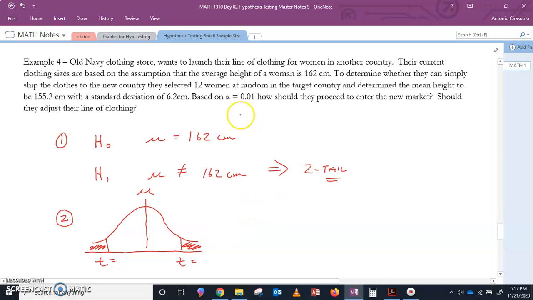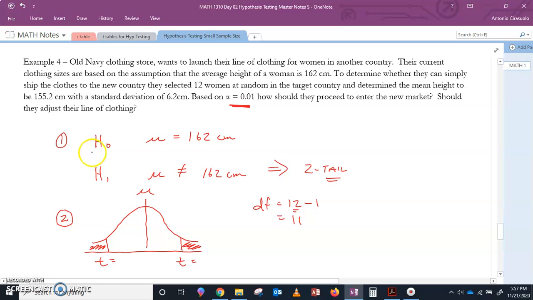And in this case here, our alpha is 0.01. As well, the degrees of freedom, it says 12 minus 1. 12 is the sample size, so degrees of freedom 11. So two-tail with alpha 0.01, degrees of freedom 11.